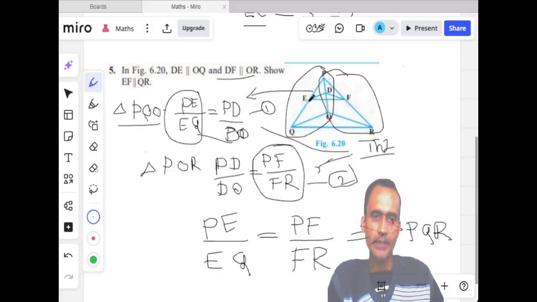That means that EF is parallel to QR, from theorem 6.2 or theorem 2. So EF is parallel to QR because line EF is dividing the two sides of the triangle in the same ratio, and that is possible only if EF is parallel to the third side. So we have proved.